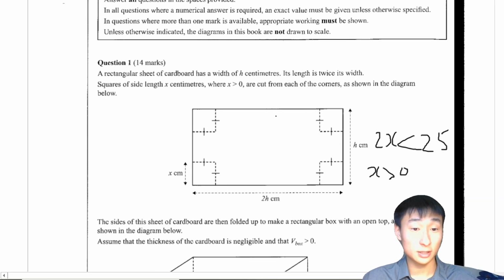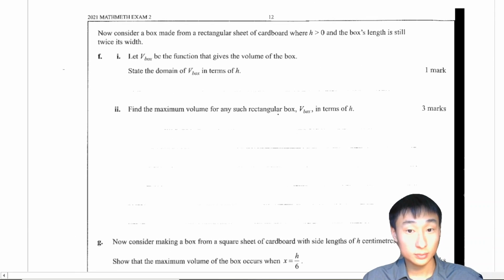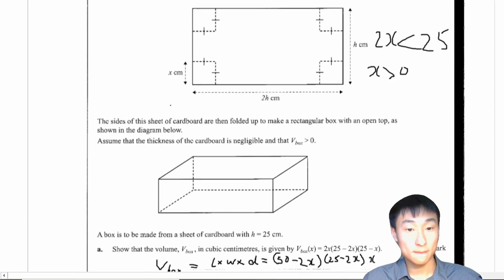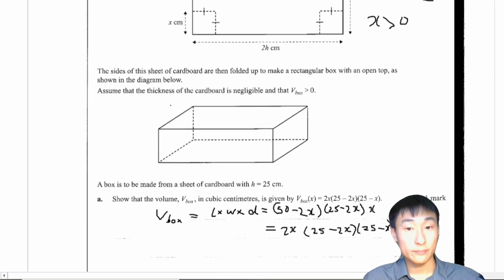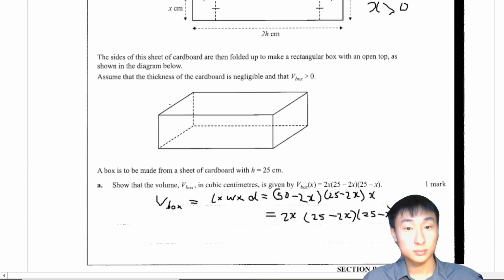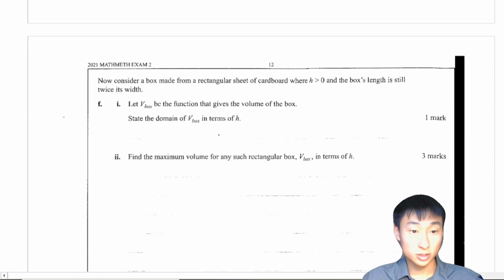Can't h just keep getting larger and larger? Oh no, I think it's just saying get that.